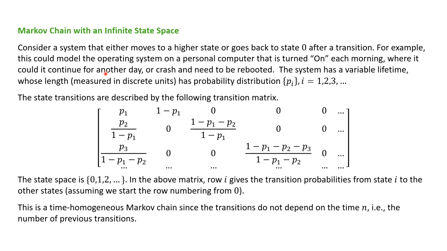That is not reflected in these probabilities. So it's technically time homogeneous, and this is a classification we talked about earlier, but it's a subtle point that's easy to miss. So hopefully you catch that distinction between the process running longer than the individual crashes in between that may happen, and the probabilities do not depend on how long the process has been running.